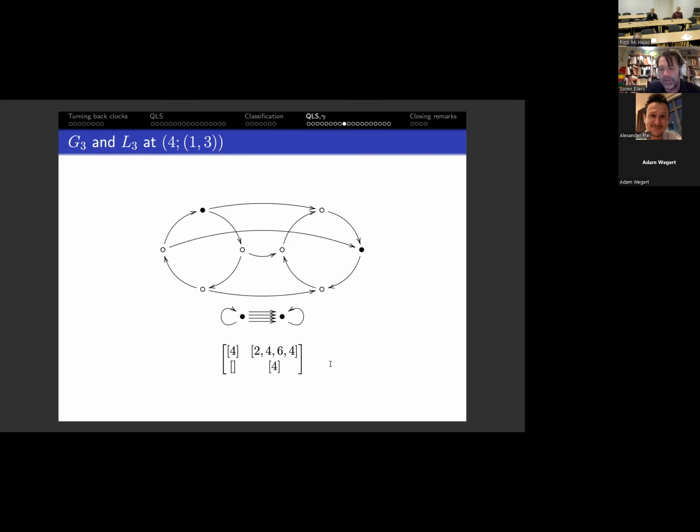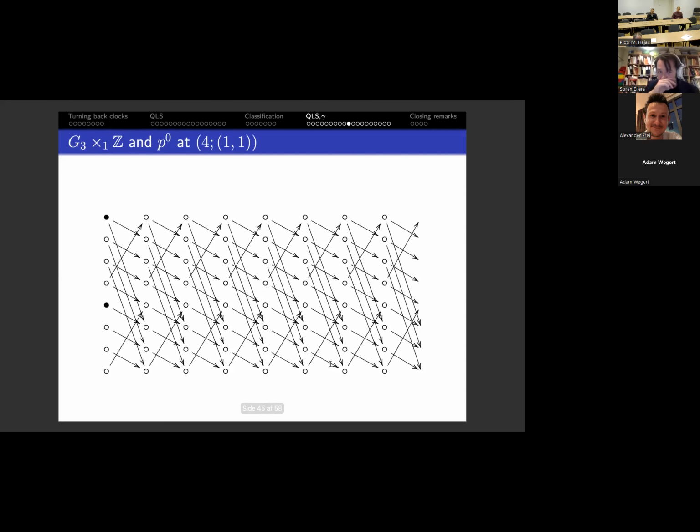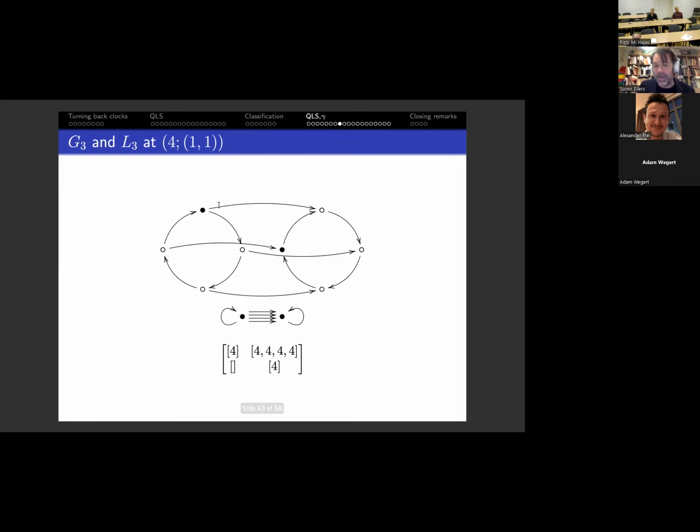This is my point. Okay, so I can actually show you what the fixed point algebra looks like for these two cases, right? So what I did here is that I just took this graph. Let me go back. This is this graph here, right? It has 8 vertices and 13 edges.